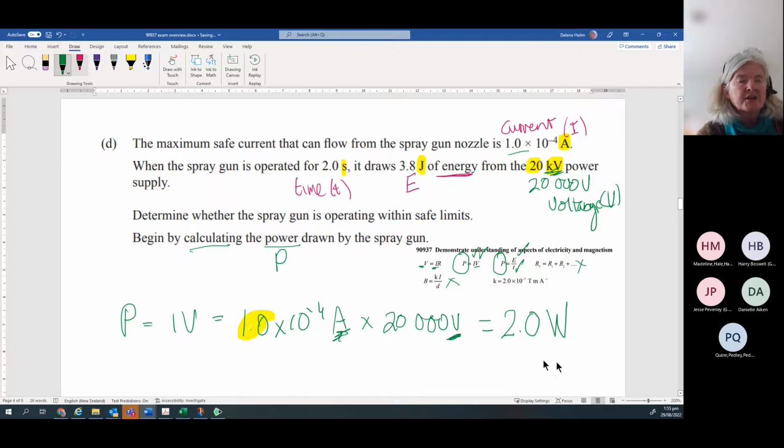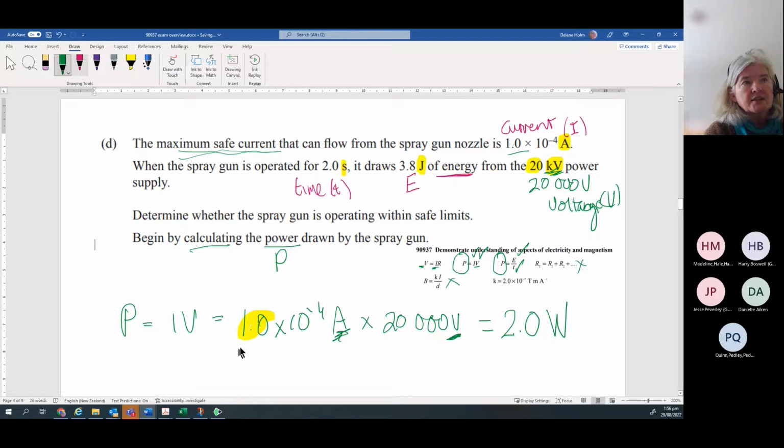Now I've done that, and now I've got to think, okay, all I've done is I've identified things, I've chosen a formula that I can use, and I've calculated it, but what does this actually mean? So if you think of the ones I've used, this is the maximum safe current.